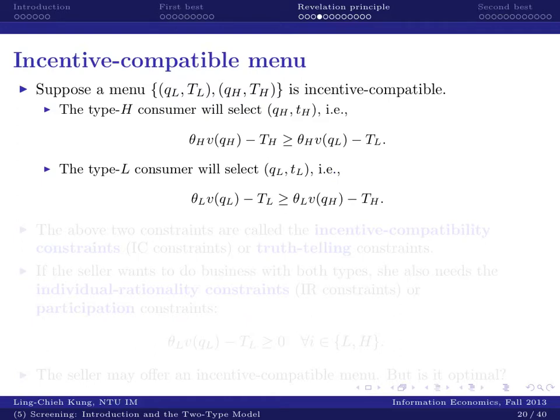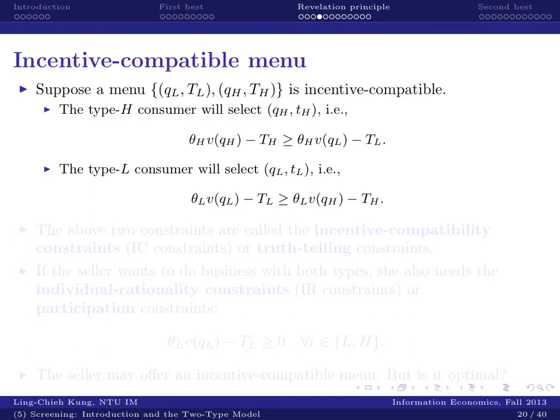So, suppose I want to make my menu incentive compatible. In a menu, I still have two contracts. One is QLTL, the other one is QHTH. I allow the consumer to select one of them. In this case, I want the type H consumer to select QHTH, and that means I need to have this constraint on my four decision variables. The type H consumer will get the left-hand side when he selects QHTH.